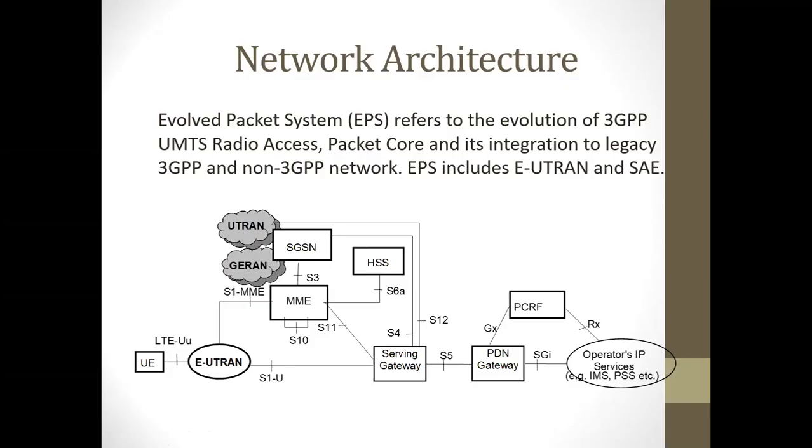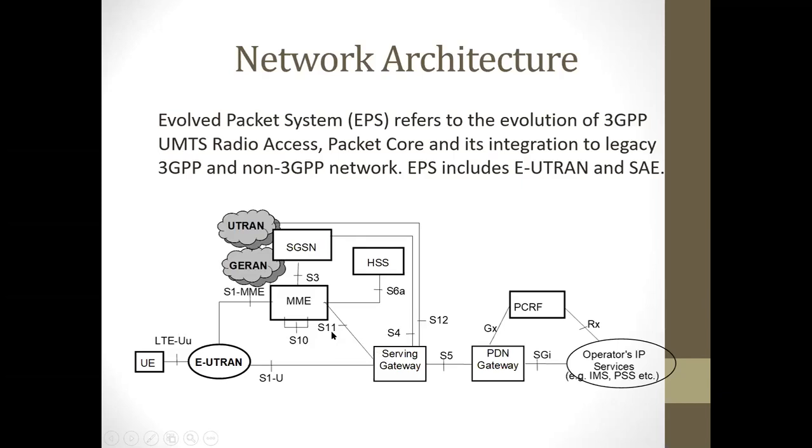This is also a beauty that you have in 4G. In 2G or 3G, things are not organized this way. You don't have control and data routing components separated in the core network. Now they separated it.